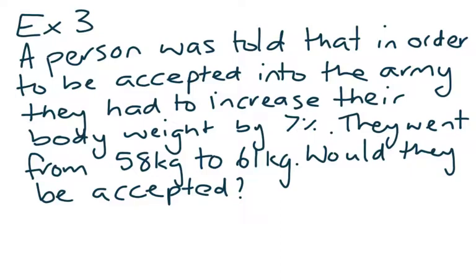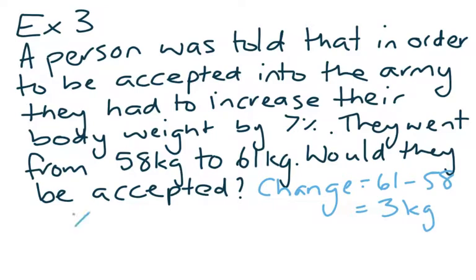So what we need to do is, firstly, we need to find the actual change. Okay, so we do the change, and the change is 61 take 58, which is 3 kilos. Okay, so we've got 3 kilos as the change. Now remember, the percentage change formula is the change over the original.